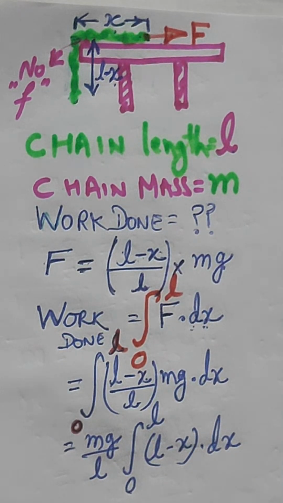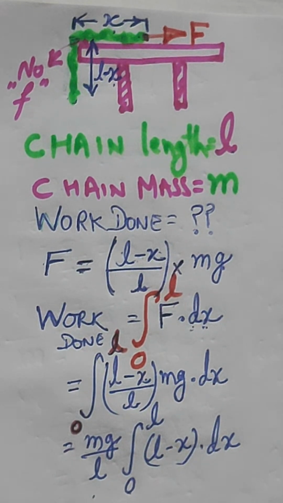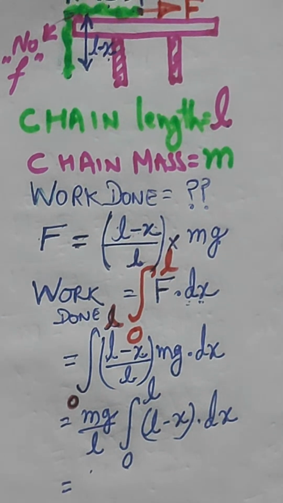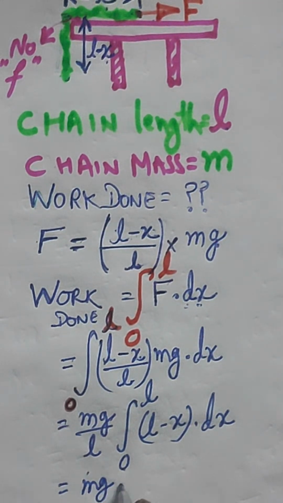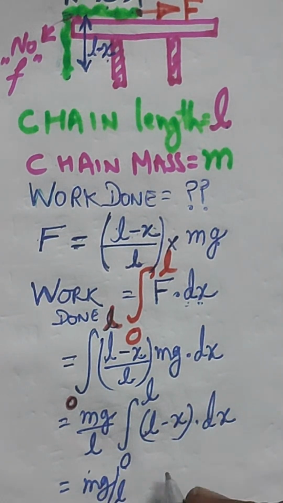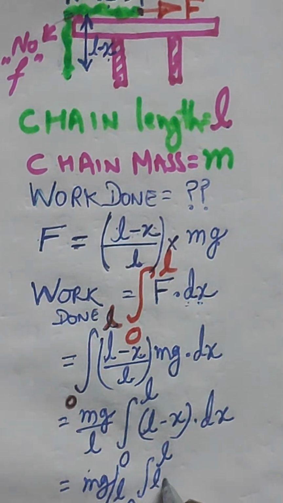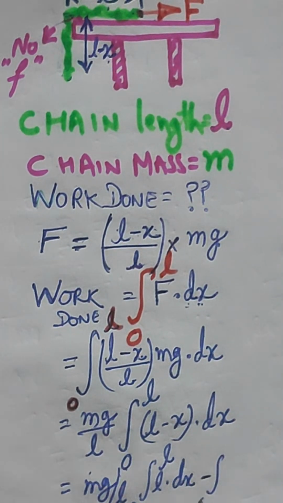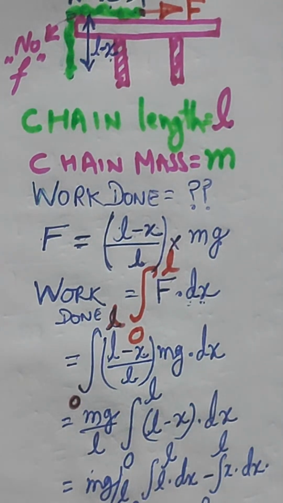Now, in the next step, what we can do: mg by L will be as it is, and (L minus x) dot dx will be broken into two terms, integral 0 to L of L dot dx, minus integral 0 to L of x dot dx, right?